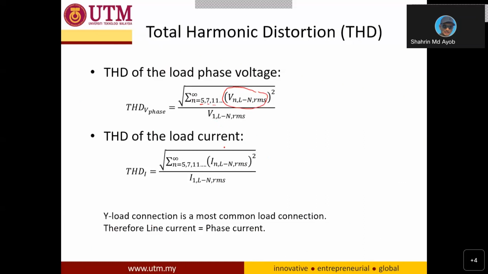And this is for the load current and so on. This is actually the same as the single phase PWM inverters, only the numbers start with 5, 7, 11. For the single phase, we have 3, 5, 7, all odd numbers.